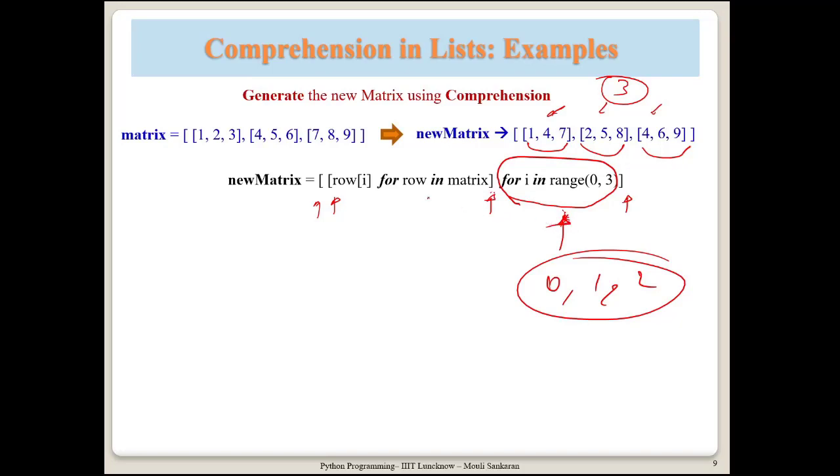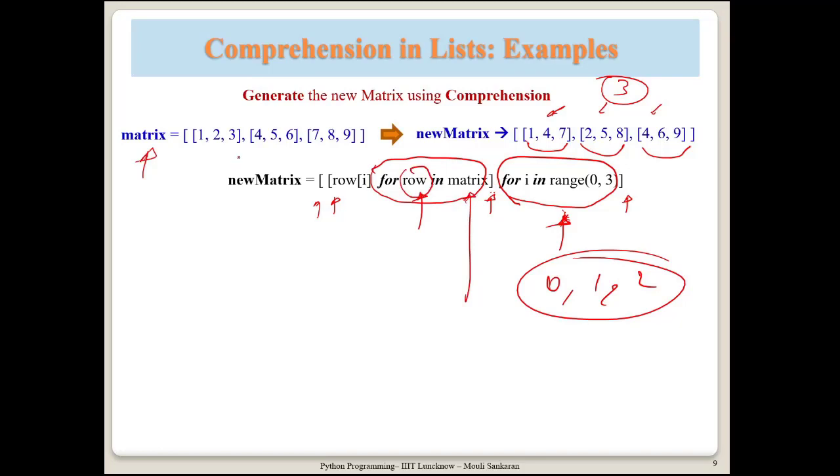Now, the values that I need to put in are decided by this for loop, which runs for every list. Now, this one is taking the matrix as an input and then creating a row.